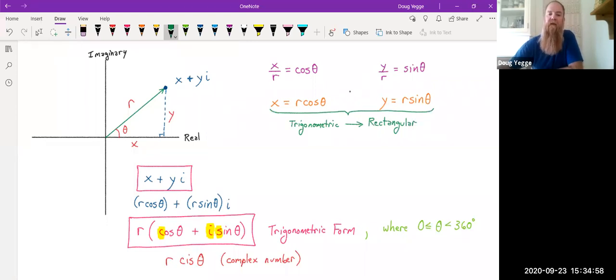But notice that there are other relationships in this triangle as well. For instance, we know that tangent of theta is equal to y over x. And we also know that by the Pythagorean theorem, x squared plus y squared equals r squared. So r is the square root of x squared plus y squared.